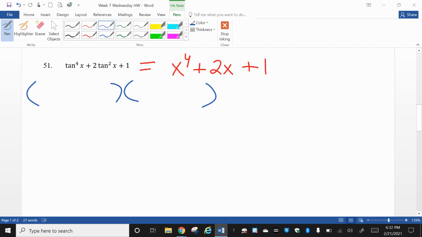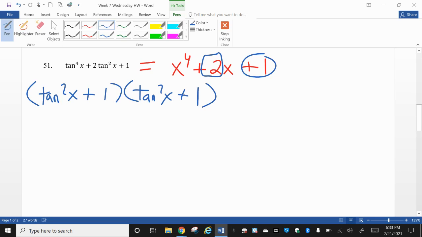First term, what times what would give us tangent to the fourth? It would be tangent squared x. And then we're looking for what will multiply to give us 1 but when we add, give us 2. That's just going to be positive 1 and positive 1.